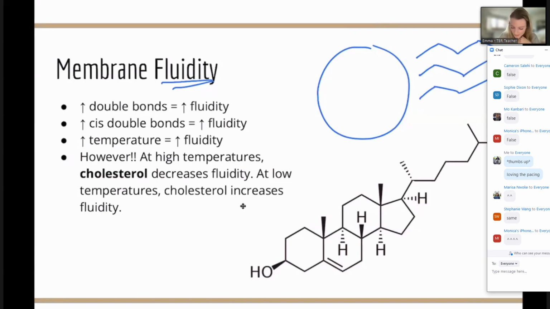But if we've got, I'll draw it in a different color over here, potentially some double bonds, this is a double bond, those aren't going to sit together as well. This also contributes to the fact that unsaturated fatty acids are liquid at room temperature: they aren't able to compact next to each other as easily.